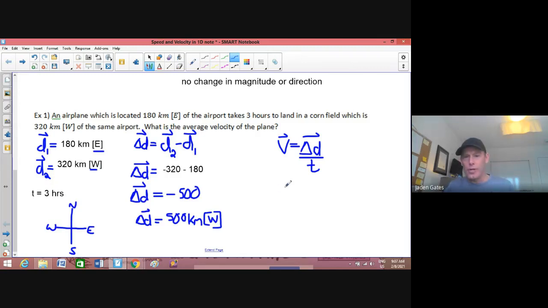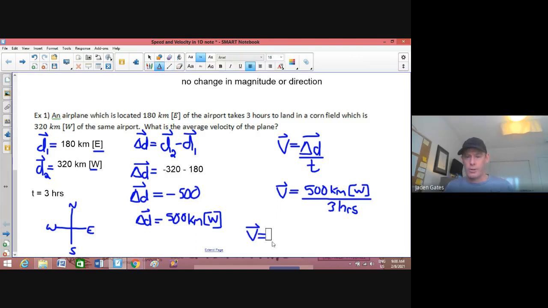Now I can figure out my velocity because I have my displacement. I have my 500 kilometers west. There's my displacement. The time doesn't have any direction on it. That is my 3 hours. I now divide those two numbers. Let's see here, I've got to get my calculator out. 500 divided by 3.